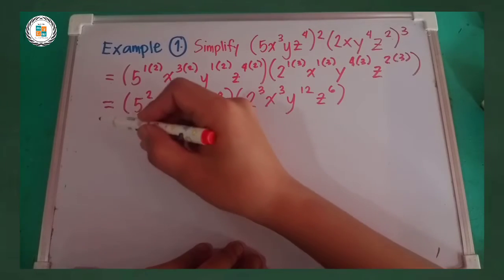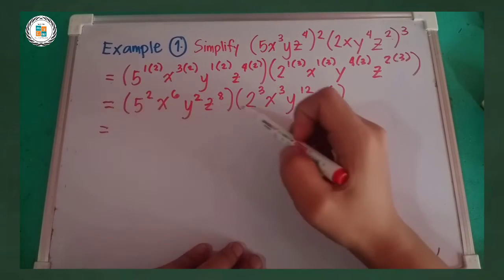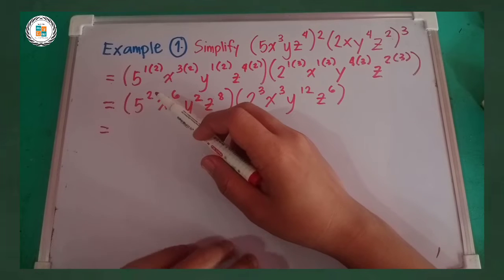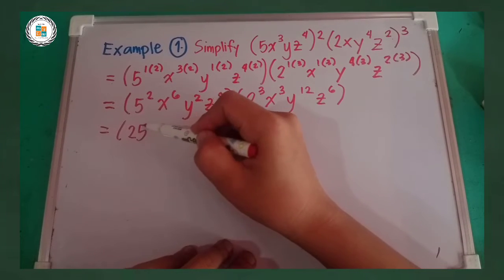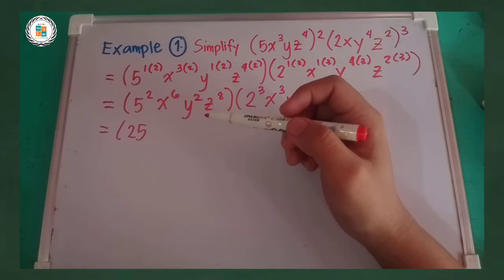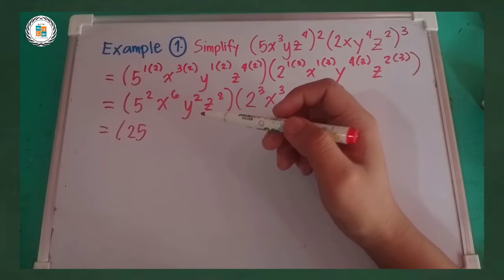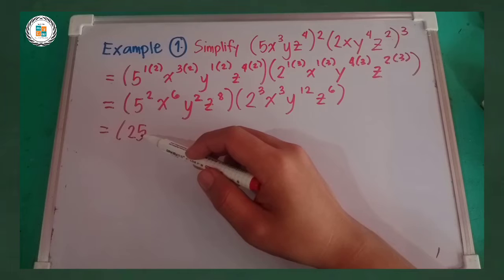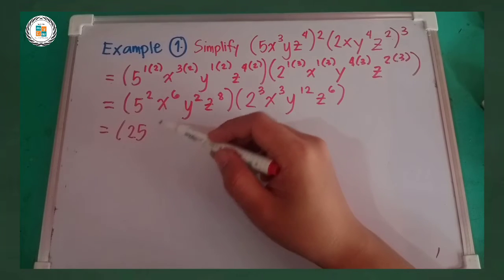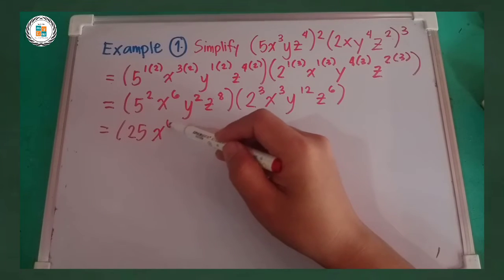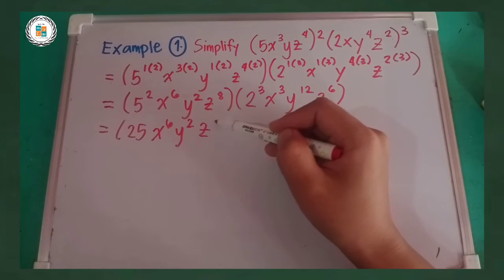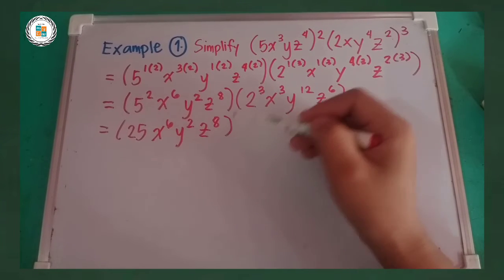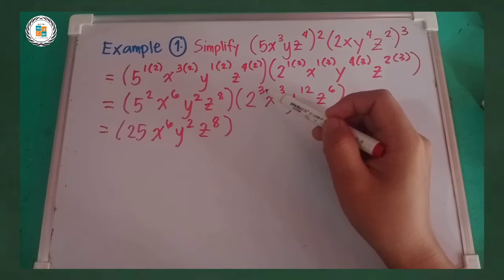Okay, so next we can still simplify the constants. So 5 squared, that's 25. 5 squared is just the same as 5 times 5, so 5 times 5 is equal to 25. Then copy x to the power of 6, y to the power of 2, z to the power of 8, times 2 raised to the power of 3.